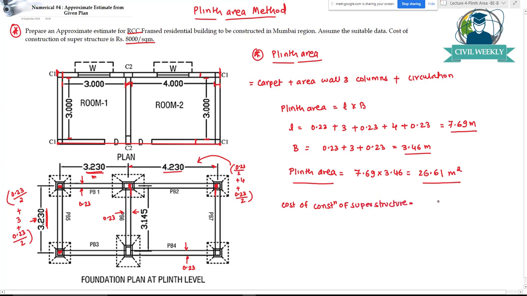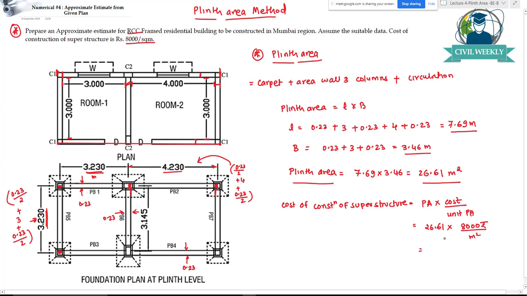So cost of construction of superstructure is equal to the plinth area, which we have got, into the cost per unit of plinth area. So that is nothing but the rate. The plinth area that we have got is 26.61 into the rate of 8,000 rupees per meter square.